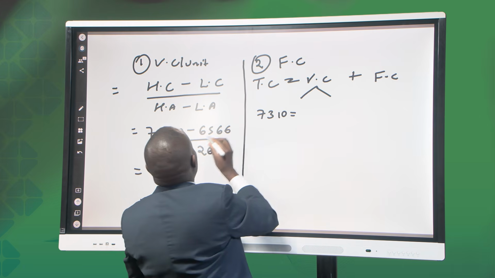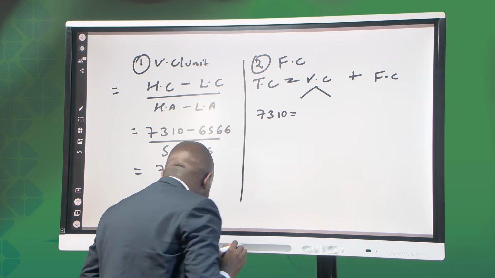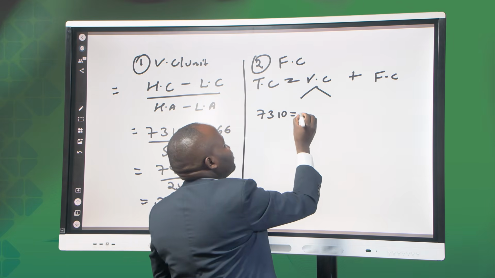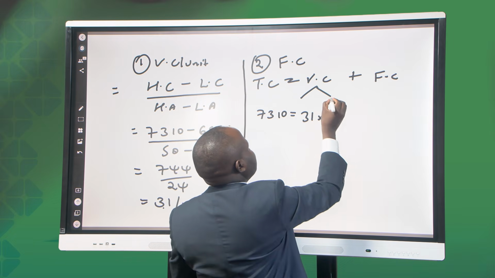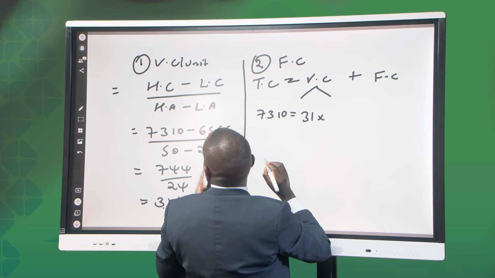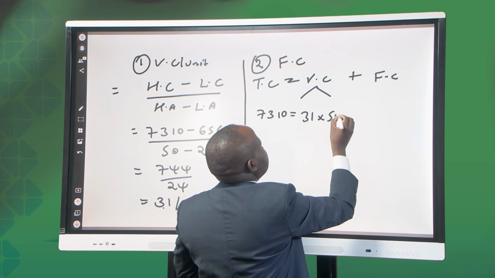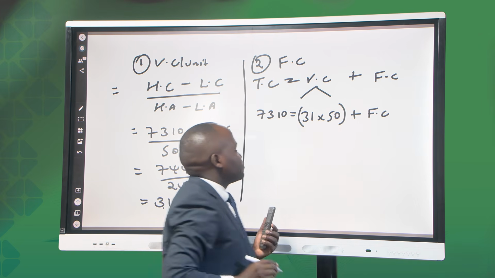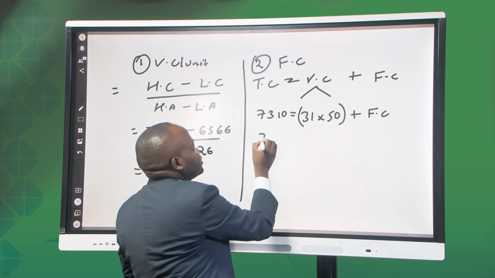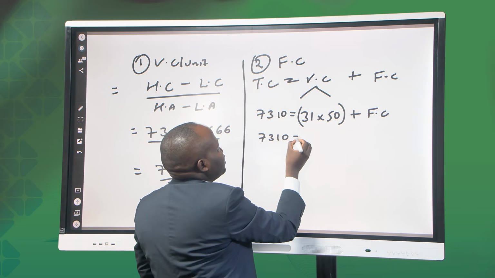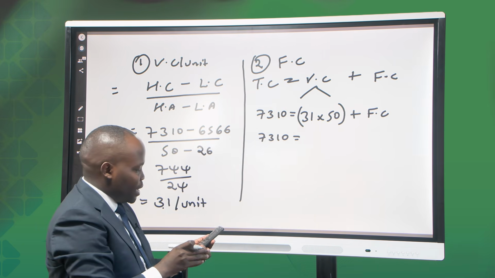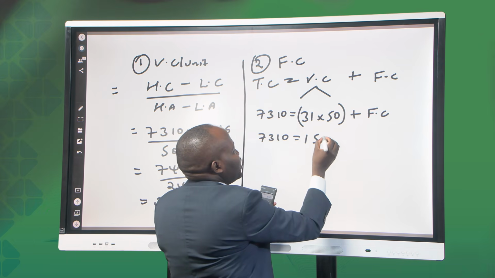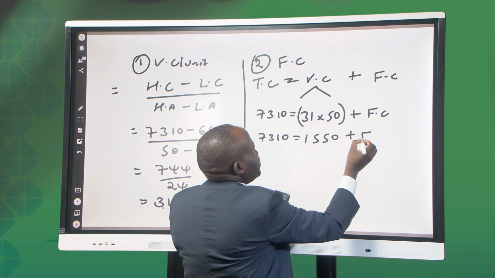So 7310 is equal to our variable cost per unit, which is 31, times activity, which is 50, plus fixed costs. So this will give us 7310 is equal to 31 times 50. 31 times 50 is 1550 plus fixed cost.